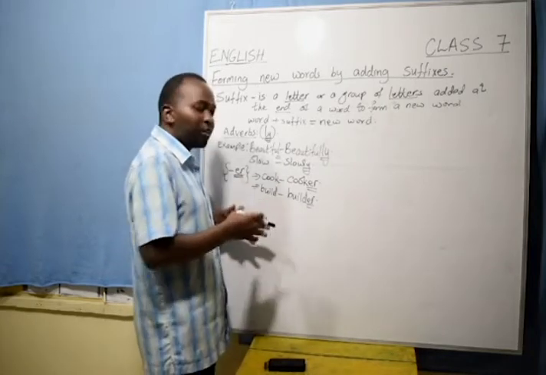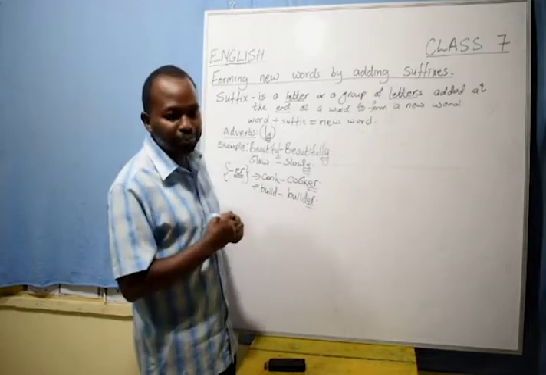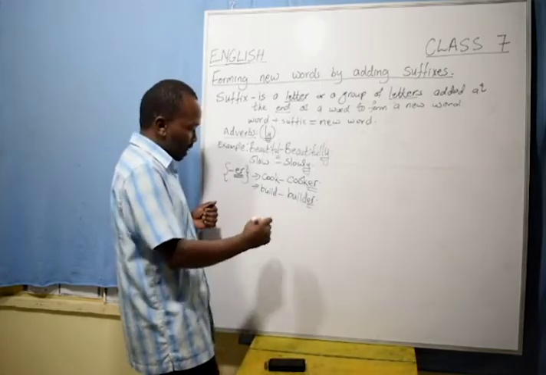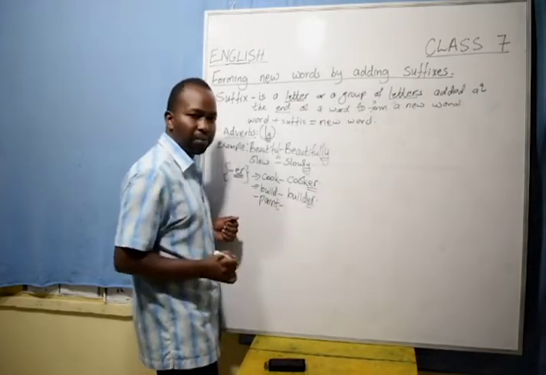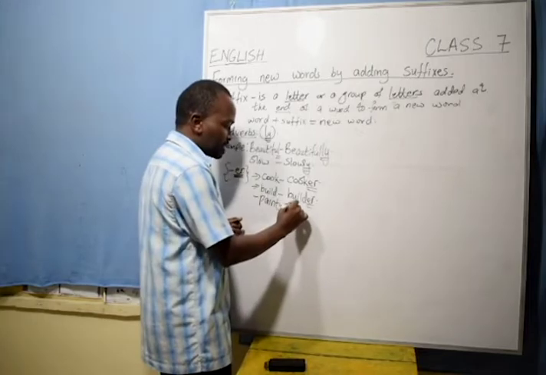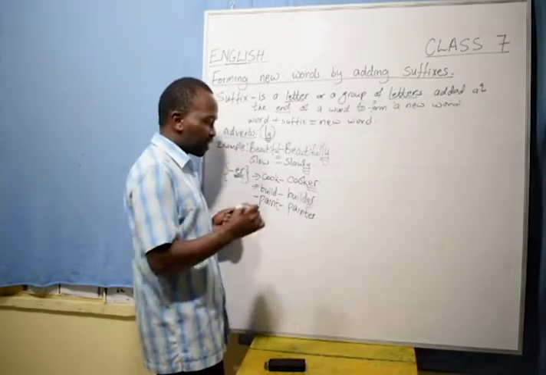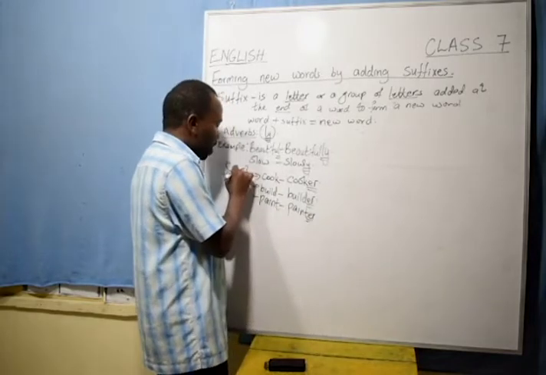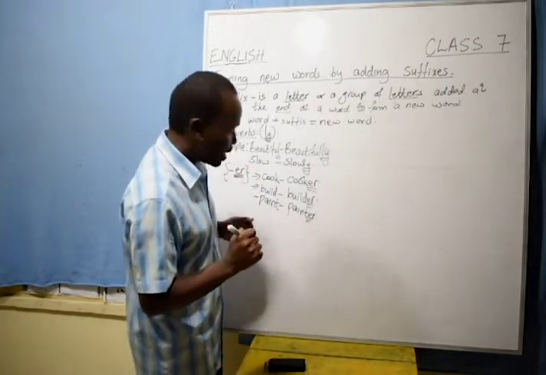Where can you place it in English? We have other words, for example, paint. Paint is a verb. The new word you can form by adding er is the word painter. So we can form new words by adding suffix er.